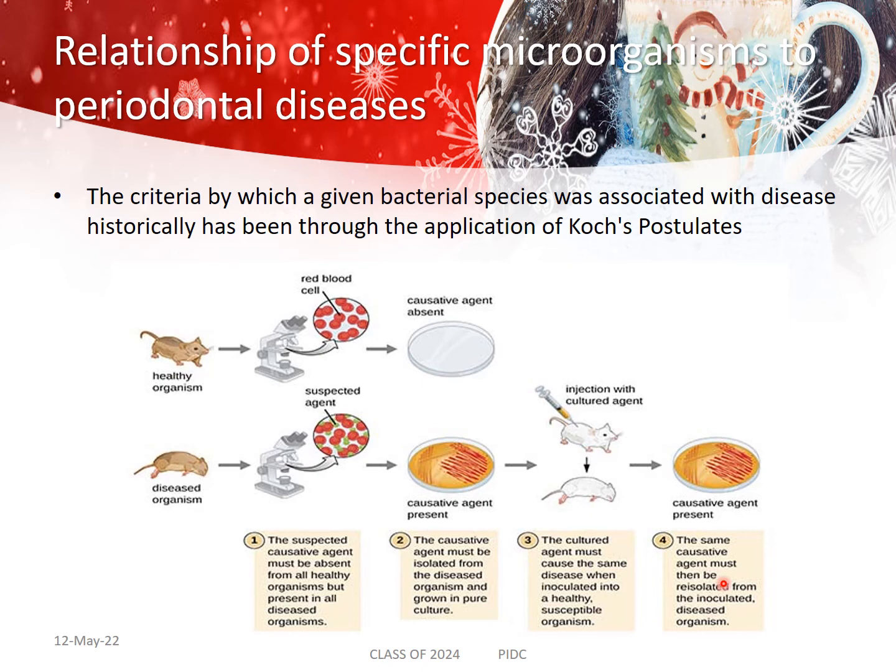The same causative agent must then be re-isolated from the inoculated diseased organism. So if the four criteria are satisfied, then that microorganism is considered to be one of the main agents for a particular disease. For example, for periodontitis, the microorganism should satisfy these four criteria.